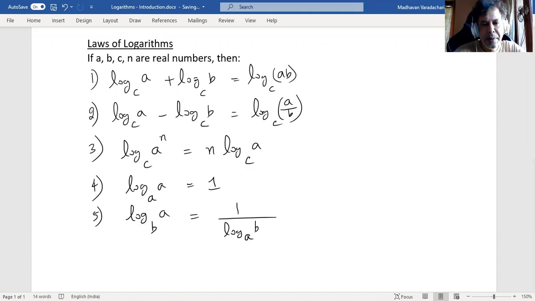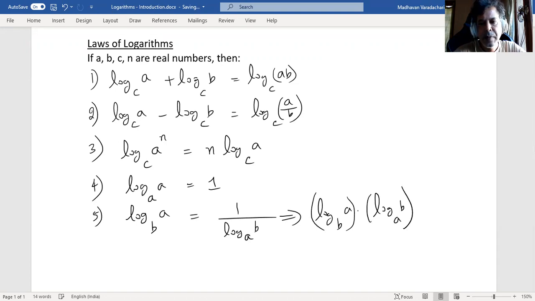This also can be written as log of A to the base B multiplied by log of B to the base A is given by 1, just by doing a cross multiplication.